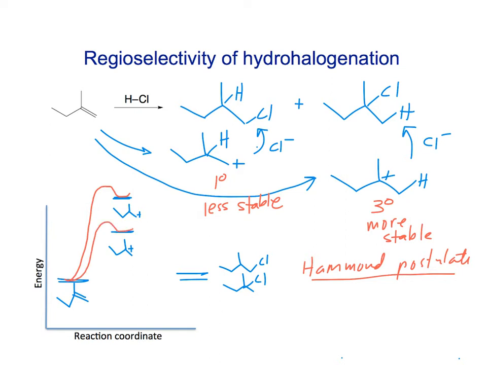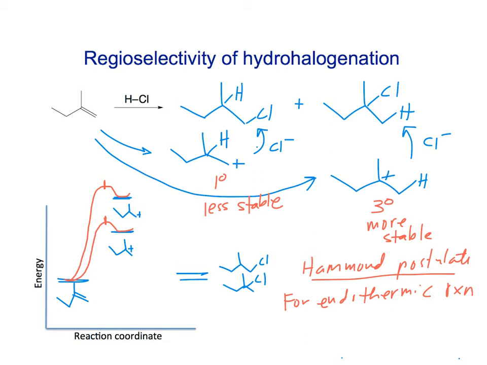What the Hammond postulate says is that for an endothermic reaction, the transition state is going to look like the product, or like our intermediate in this case.